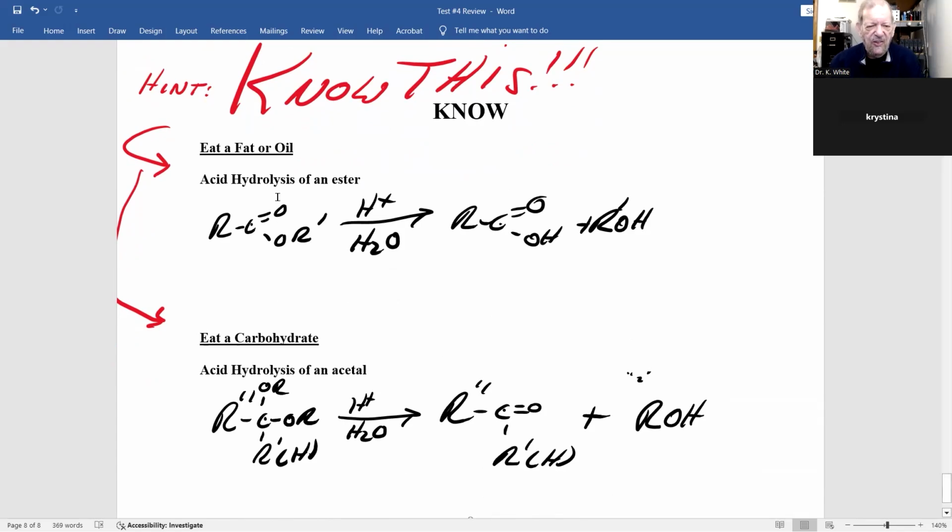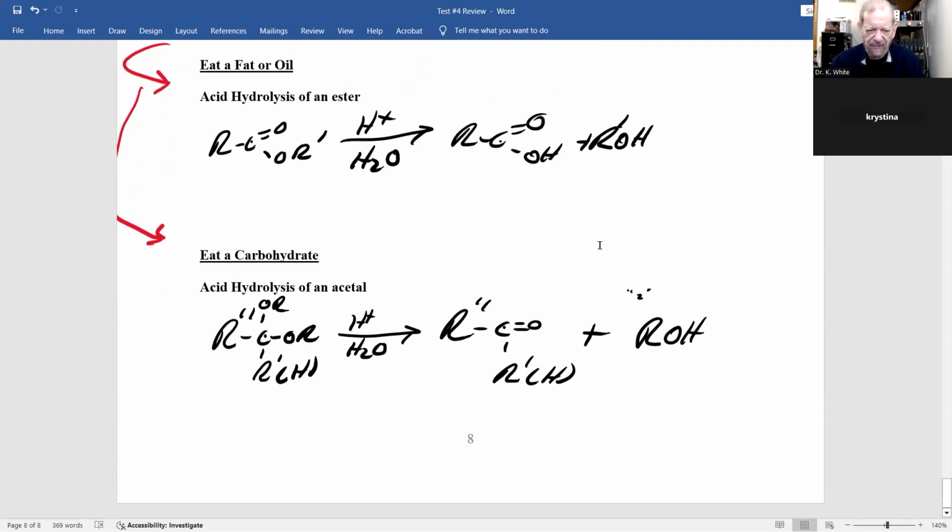All right, so you should know, when you eat a fat or oil, how to describe it with words: acid hydrolysis of an ester. If you have an ester, the general reaction is acid and water get back the carboxylic acid plus the alcohol you would have used to make that ester. And you should know how to describe with words and a general reaction when you eat a carbohydrate.